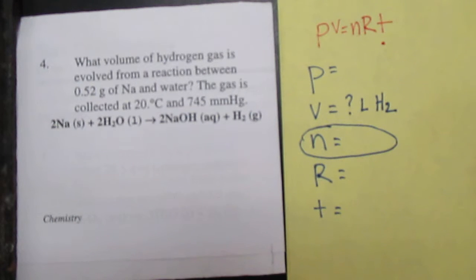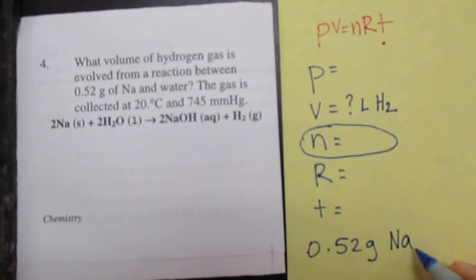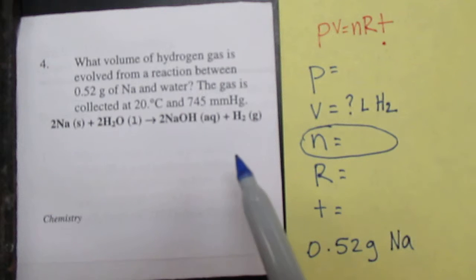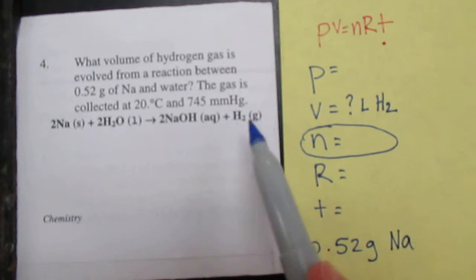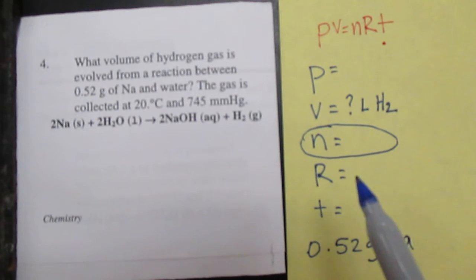I'll write that down over here: 0.52 grams of sodium. I'm going to convert that, doing some dimensional analysis, some stoichiometry, in order to find the hydrogen that I'm looking for. I will be able to plug that in for the final equation.